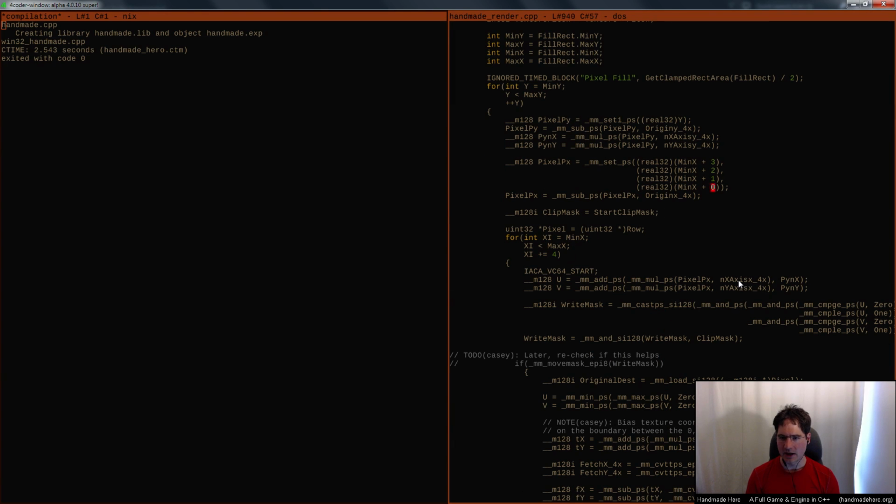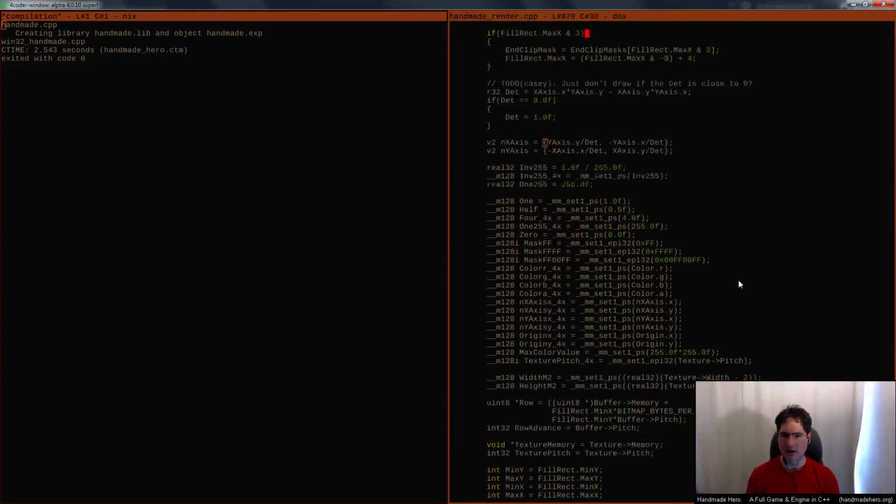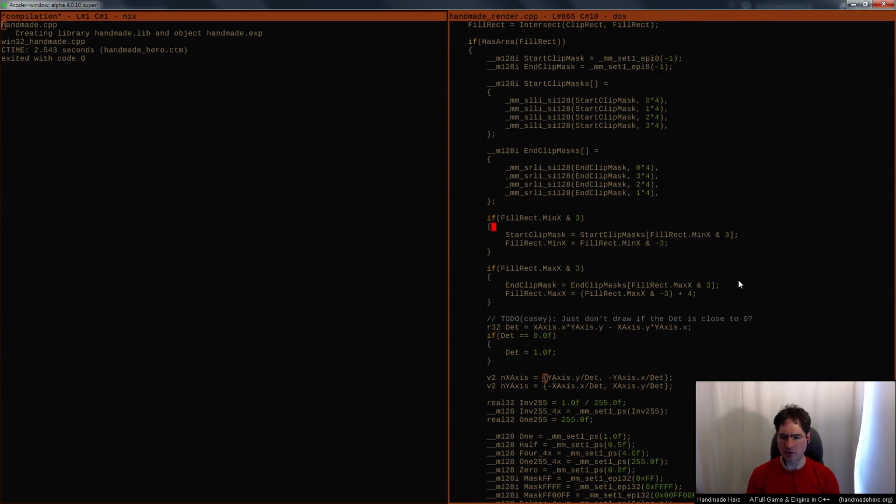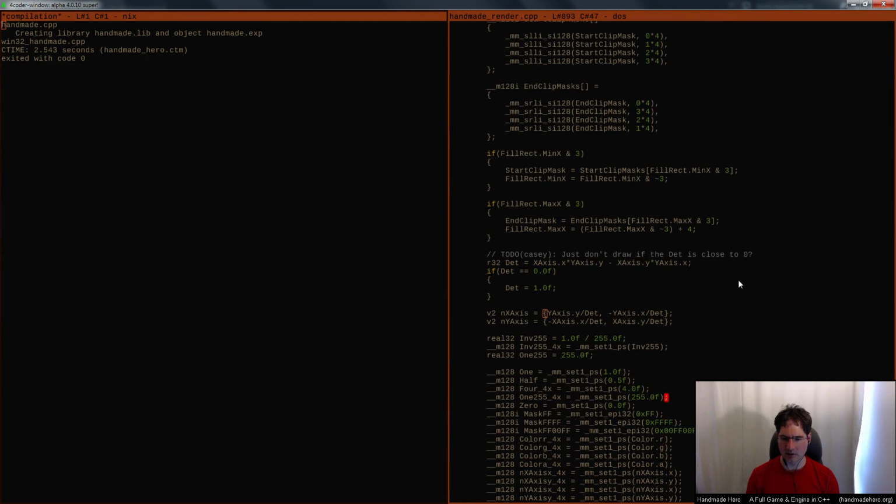So that's all good. And we've already subbed out the origin, so we're literally just taking these dot products here, and that's literally it. So before, what we were doing is we were taking the x-axis and normalizing it by dividing it by its length squared, and that's not that different from what we were doing here, to be honest, right?